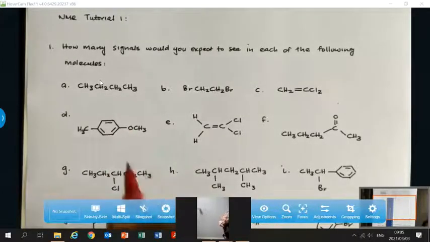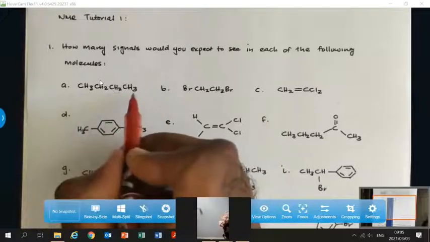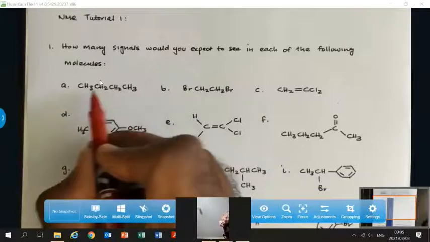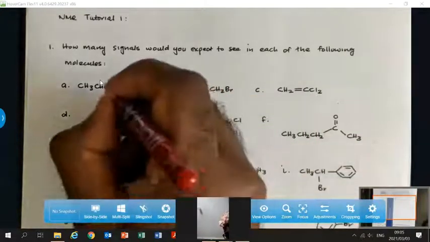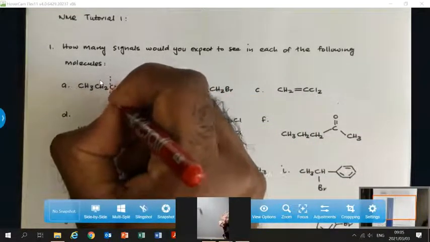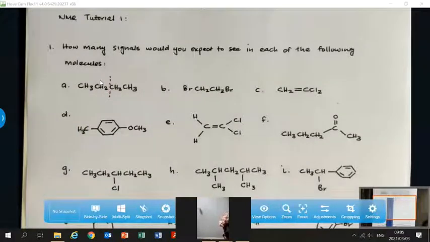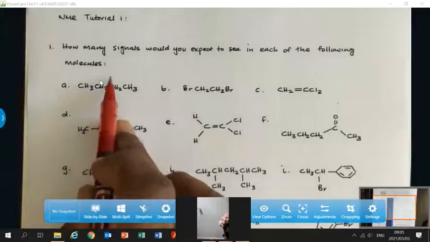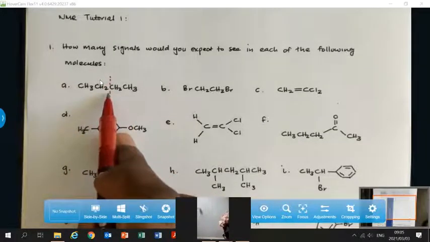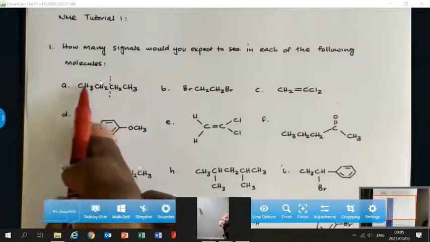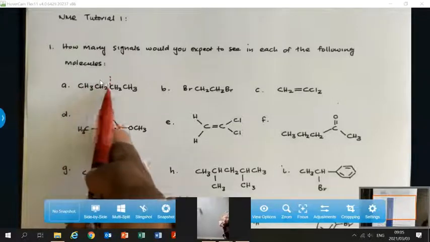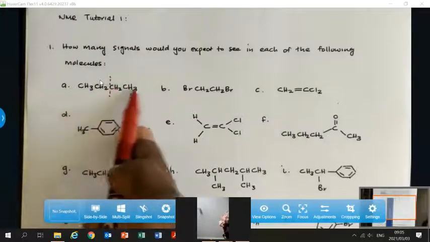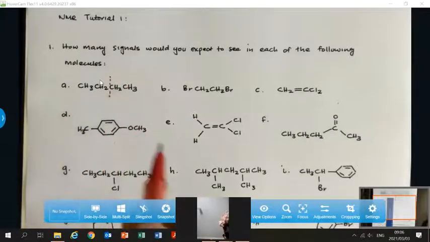So let's look at the first one. I have 4 carbon atoms here, a CH2, a CH2, and on each side CH3s. If I break the structure down and go through half the molecule, I get a symmetrical portion such that the left-hand portion is equal to the right-hand portion, right?